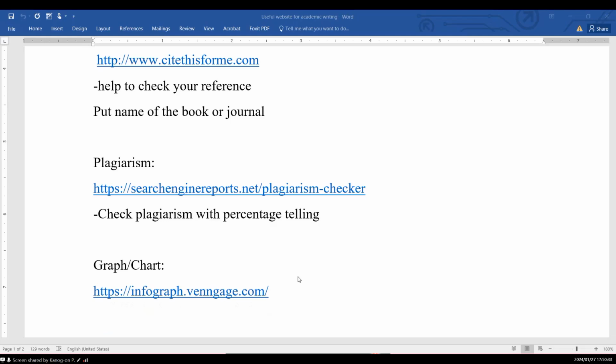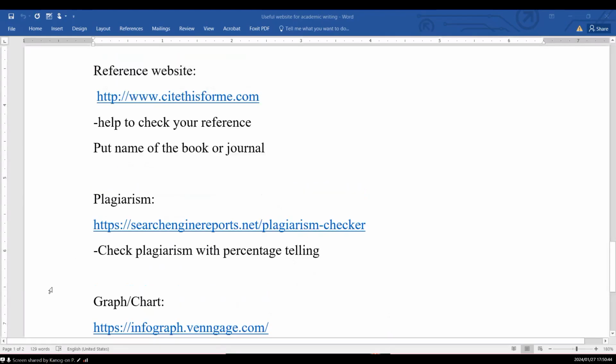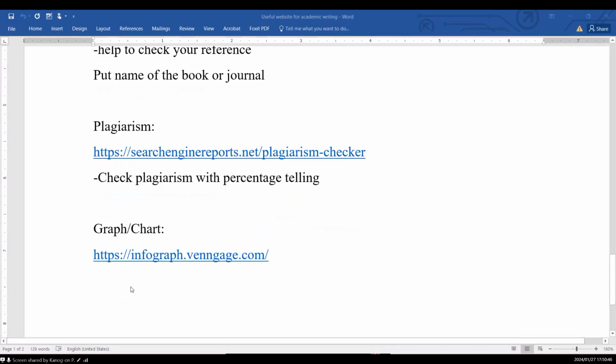This is just some examples, but actually there are a lot of other very useful websites. I would share some here.